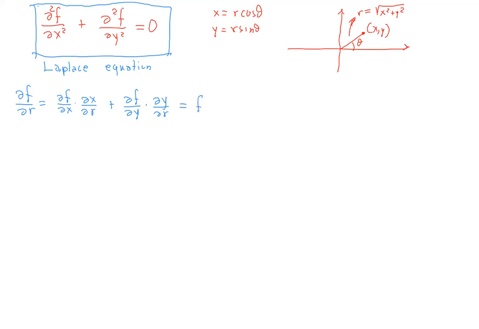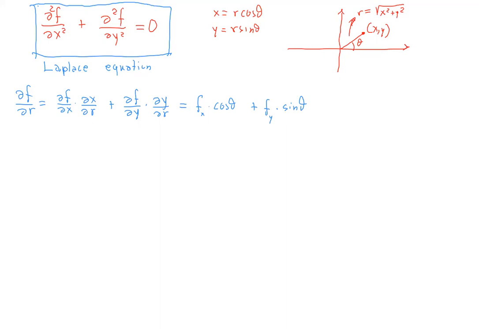So allow me to rewrite this as f sub x. And what is the partial derivative of x with respect to r? Remember, x is r cosine theta. So its partial derivative with respect to r is simply cosine theta, plus the partial derivative of f with respect to y times the partial derivative of y with respect to r, which is simply sine theta. And here again, somebody might want to understand in what sense we write such a relation if, for example, we knew what the function is.